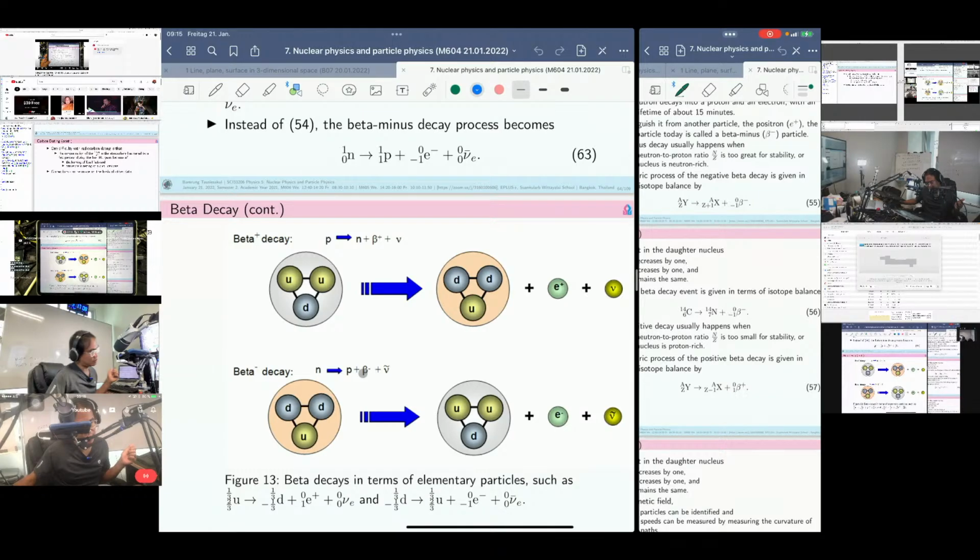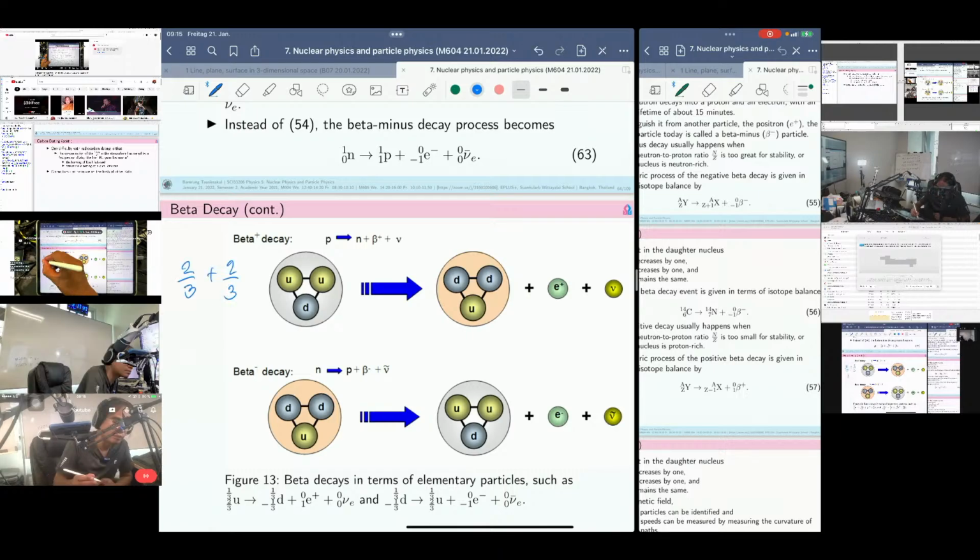Do you remember the previous chapter? 1 up quark corresponds to 2 by 3 charge. You have 2 up quarks, so you get 2 by 3 and 2 by 3, and 1 down quark corresponds to minus 1 by 3 charge.